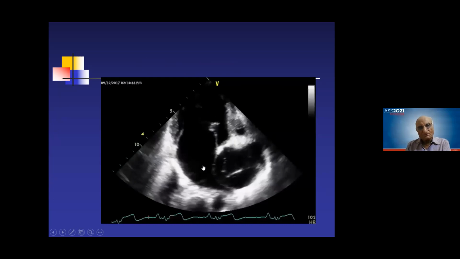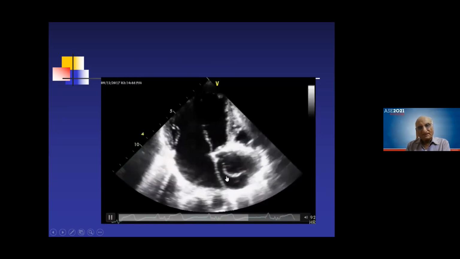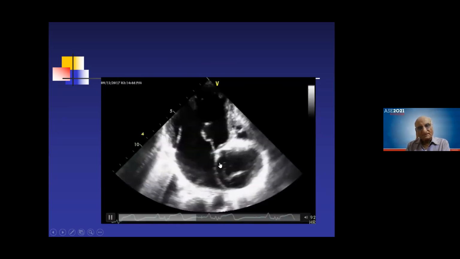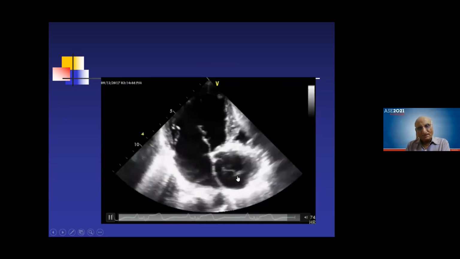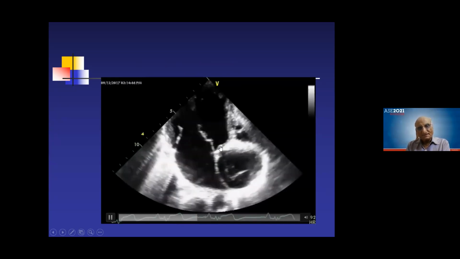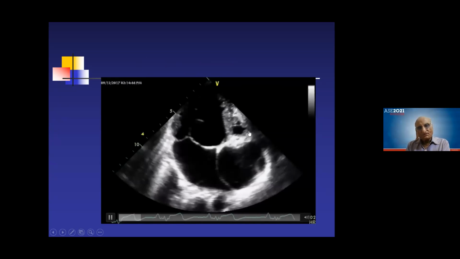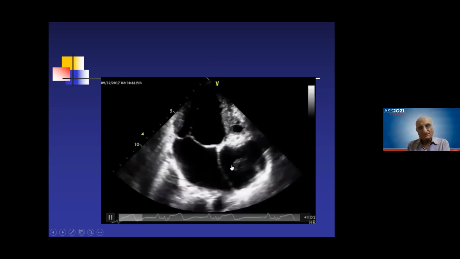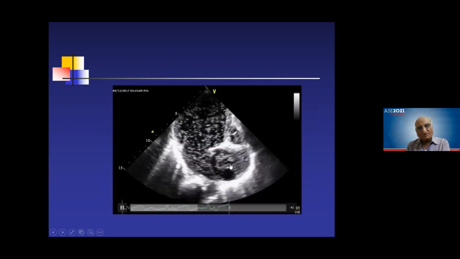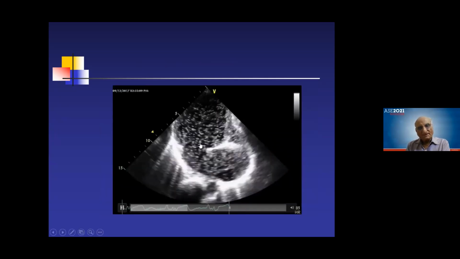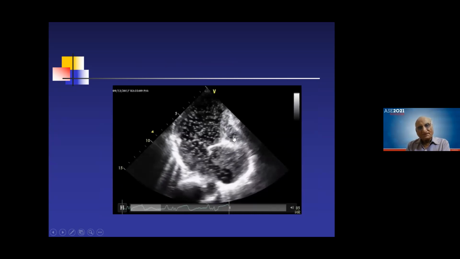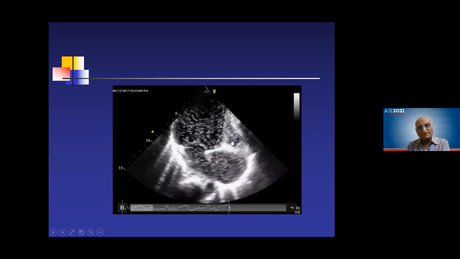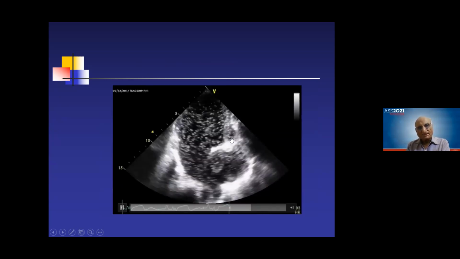So now what we'll do is give a contrast, and just before contrast to show you again, no apparent ASD. This is the right atrium, no tricuspid valve, hypoplastic right ventricle, and when you give a contrast, you see it goes from right atrium to left ventricle, and the right ventricle, you see. The right ventricle is also getting opacified.